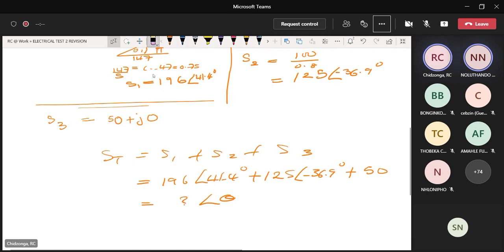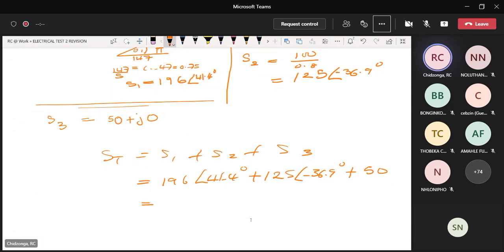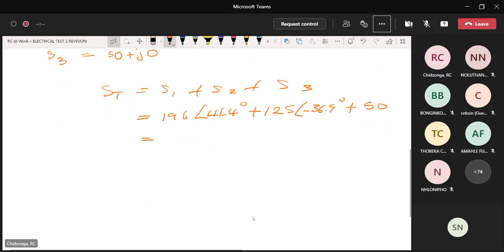302, angle 10. All right, let me check this one. So this one you are saying is 302, angle 10.41. Okay. See this thing here. 302, angle 10.41 degrees.